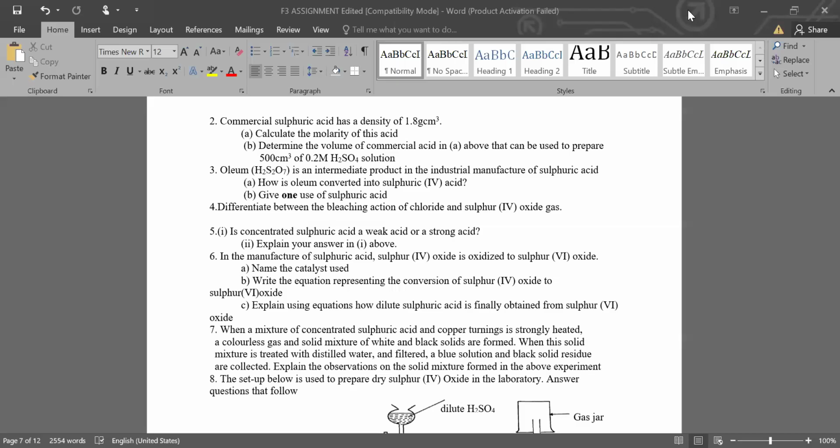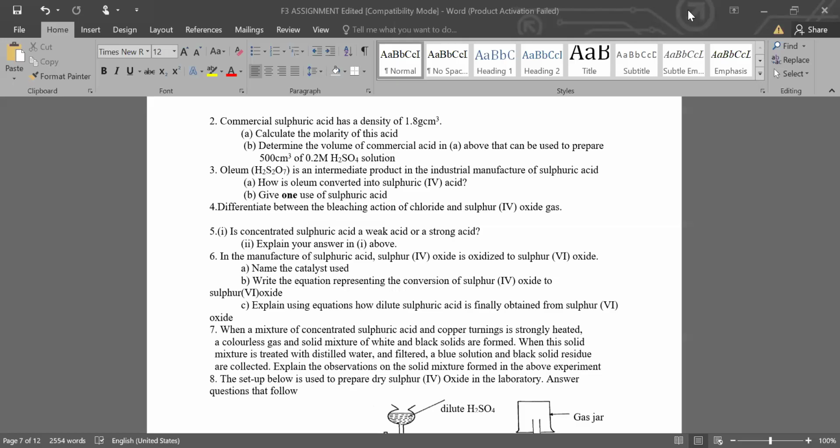That is one use of sulfuric 6 acid. Then the other use, it is used as a solvent in the making of dyes and paints. That's another use of sulfuric 6 acid.